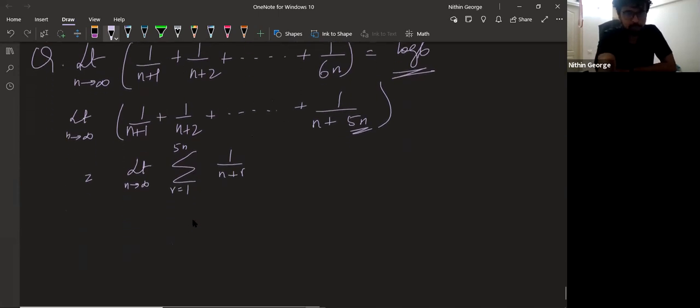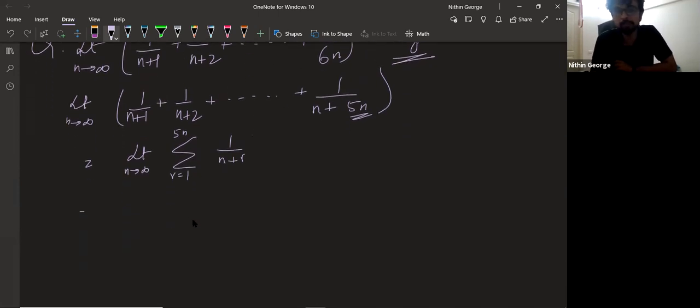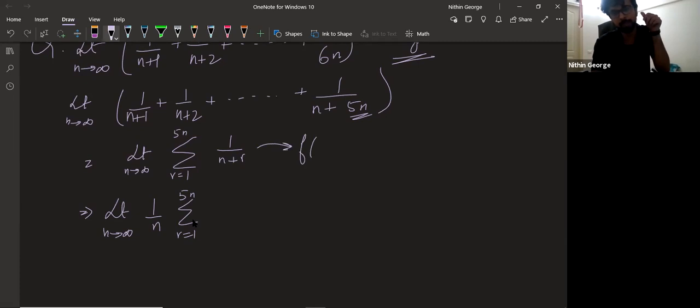Okay, so remember, our next objective is to take 1 by n outside. So do exactly that. 1 by n you take outside. You have to make it a function in terms of r by n, this one.